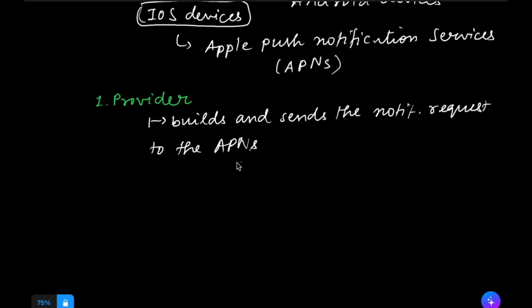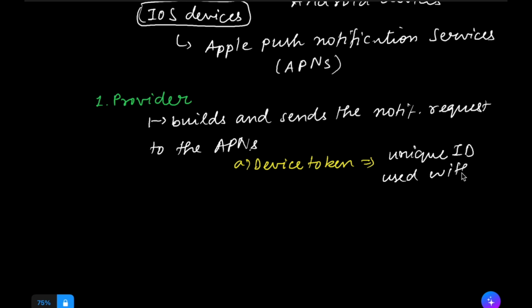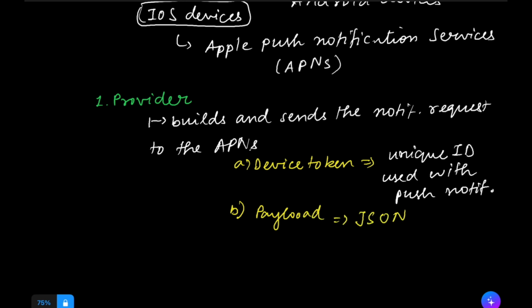It comprises of, let's say, the device token, which is the unique ID used with push notification. The other thing the provider comprises of is the payload, which is basically the JSON dictionary which contains the body of the notification.